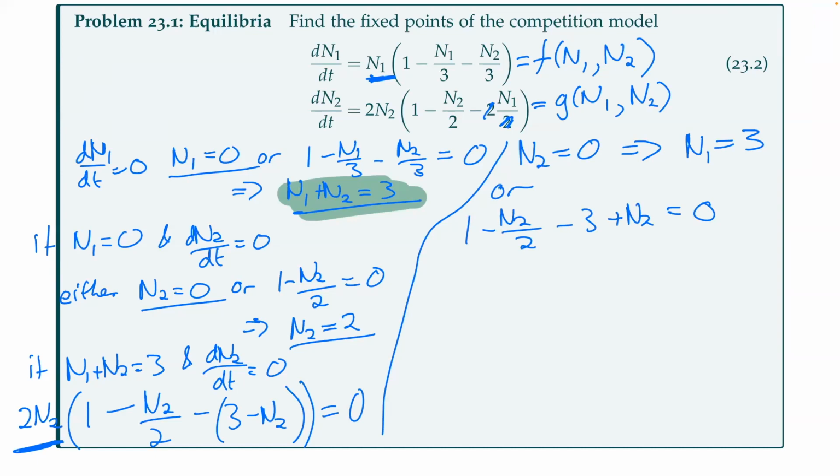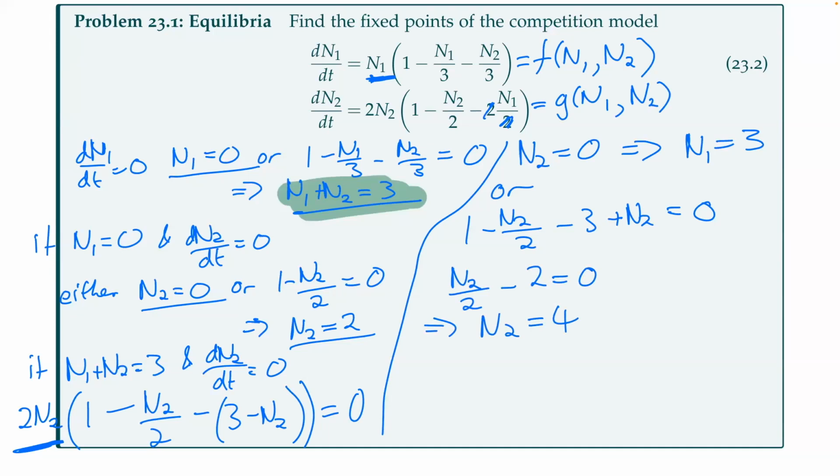Let's rearrange this. We're going to have n2 over 2 minus 2 is equal to 0. It implies that n2 is going to equal 4.